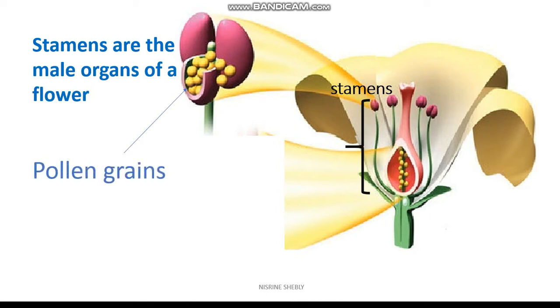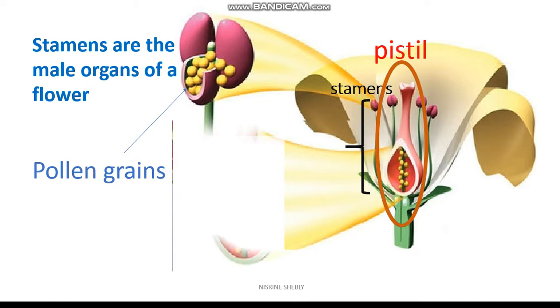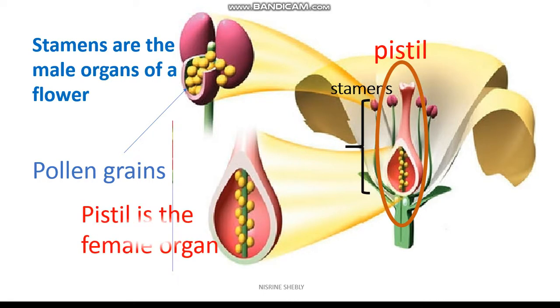They carry the pollen grains, the male sex cells. And in this flower, I can see the pistil. The pistil is the female organ. It carries the ovules, female sex cells. So this flower is a complete flower. Why? Because it has the male reproductive organs and the female reproductive organs, stamens and pistil.